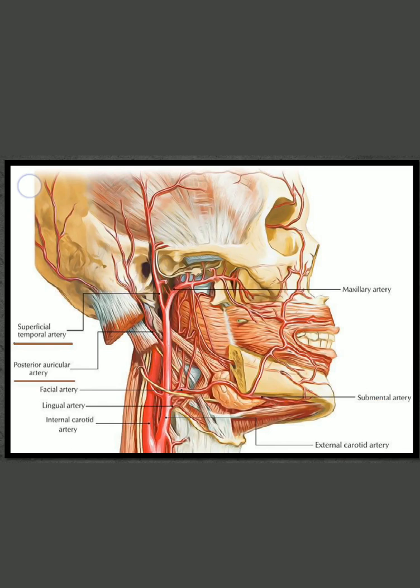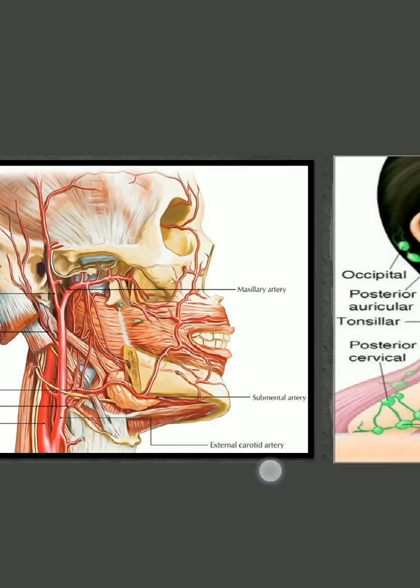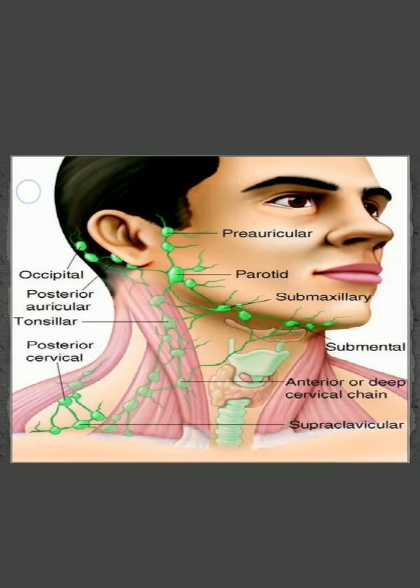Posterior auricular and superficial temporal, both of them would supply the auricle. In this figure, you can see various groups of lymph nodes. Mainly we are concerned with the pre-auricular, in front of the auricle, and the post-auricular, behind the ear, behind the auricle.